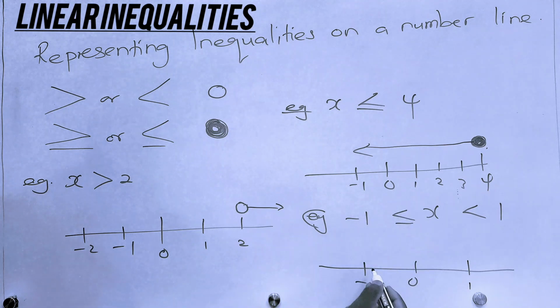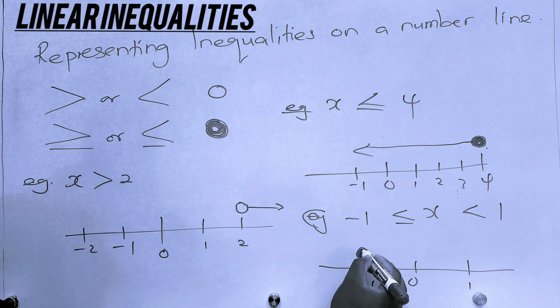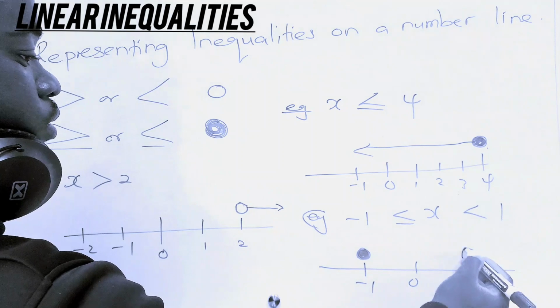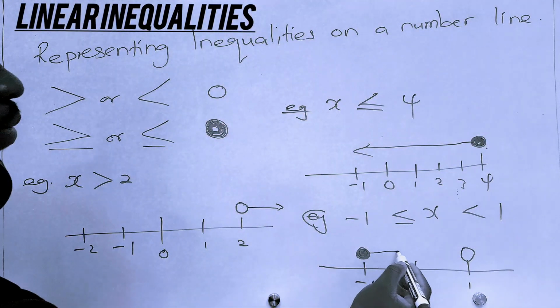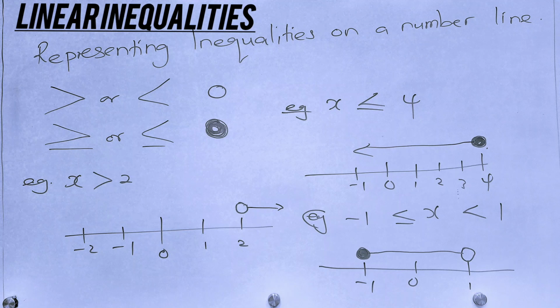On minus 1, we have less than or equal to, so we need to shade this circle. But this one has a less than sign, so it remains open. Since it is a joint inequality, you join the two dots.